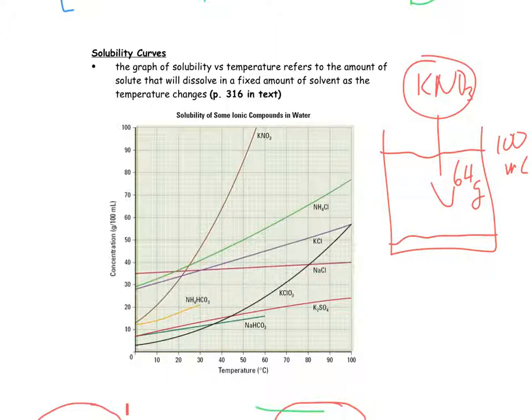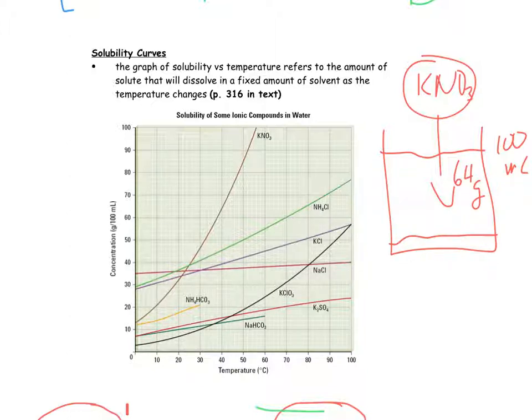A solubility curve essentially tells you, based on the substance, how soluble it is in solution. So I'm going to give you an amount, and you're going to tell me, if that amount of solute at a given temperature is put into solution, whether I should expect that solution to be saturated or unsaturated.